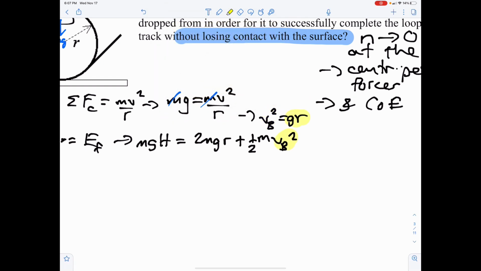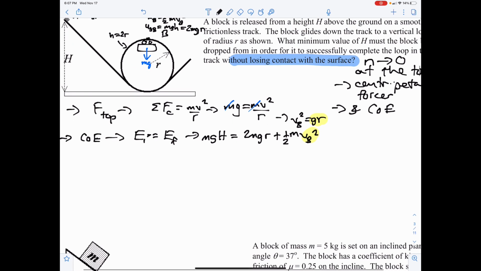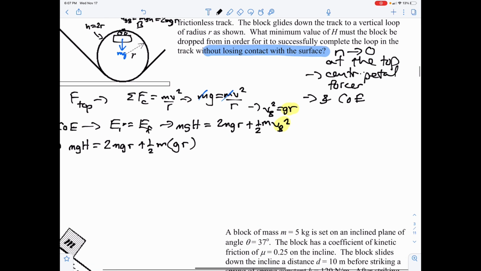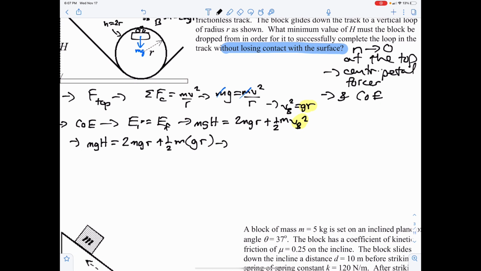I'm going to substitute that right here. And we have mgH is equal to 2 mgr plus 1/2 m times gr. Well, that's going to be mgH equals 2 mgr plus 1/2 mgr.